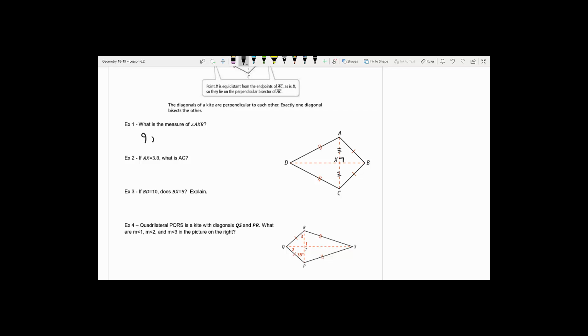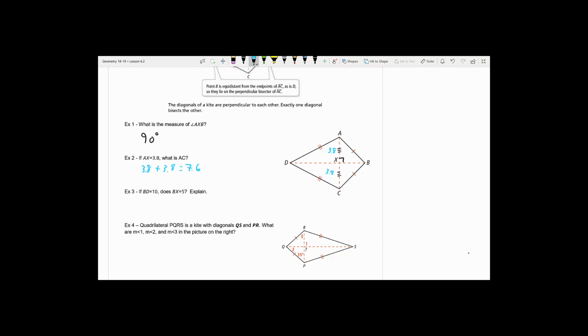So that measure is just 90 degrees. They then asked, if AX was 3.8, what was the measure of AC? Well, since AX and XC are the same, we would just combine them. So 3.8 plus 3.8 is going to give me 7.6.